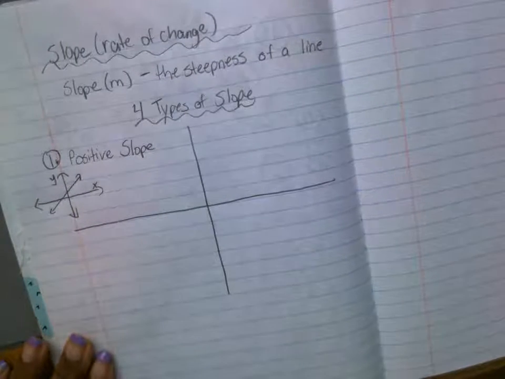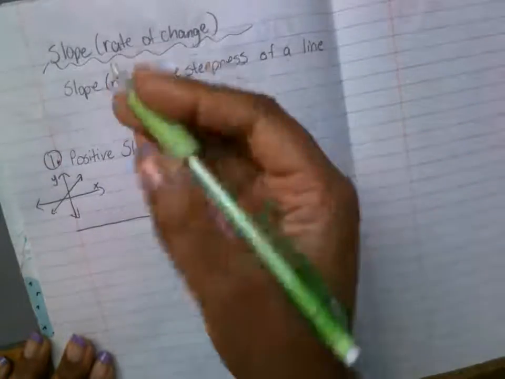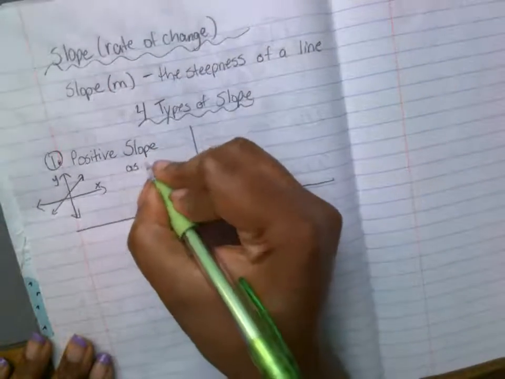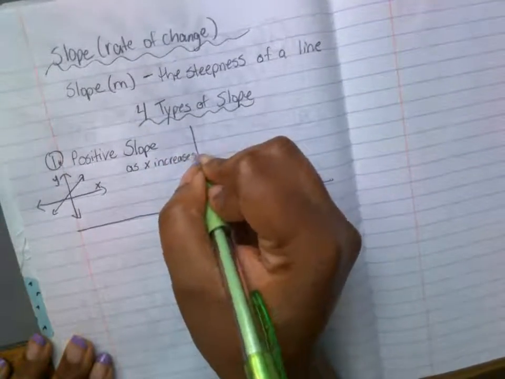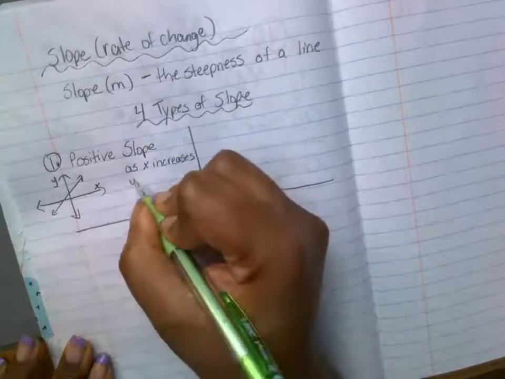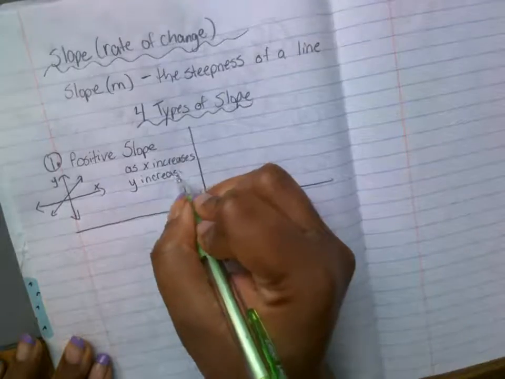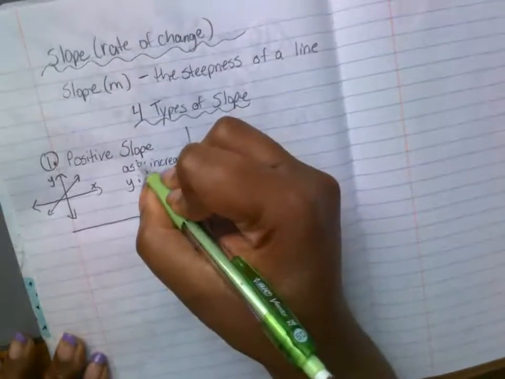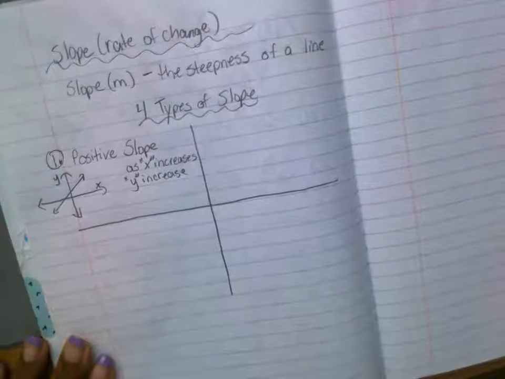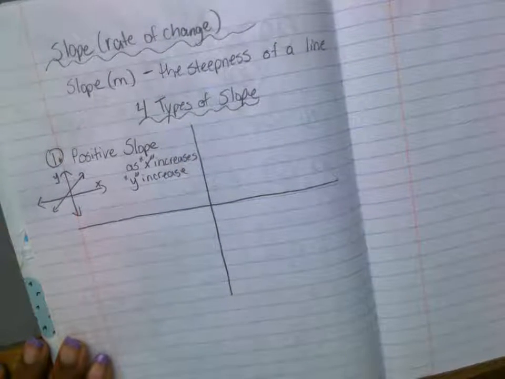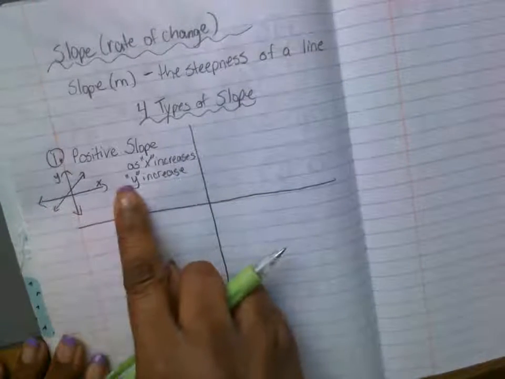For a positive slope, a description of this is: as x increases, y increases. And keep in mind, x is always going to increase because you always read the x-axis from left to right.